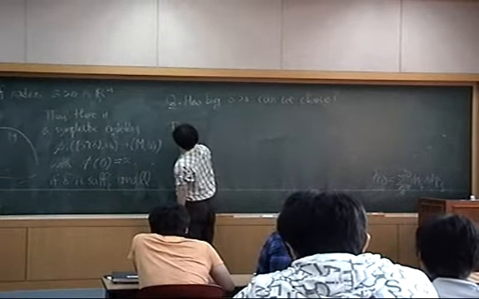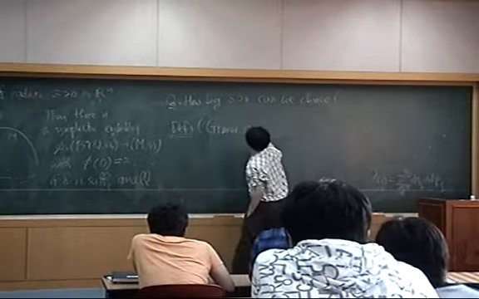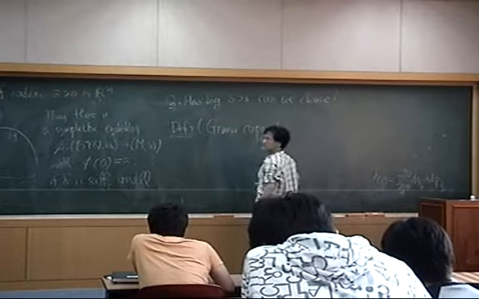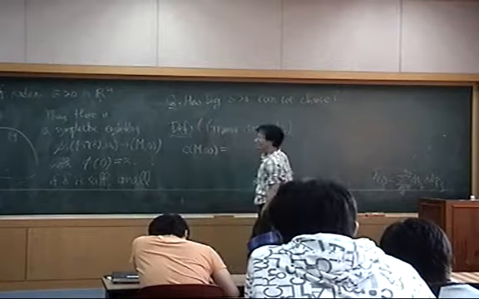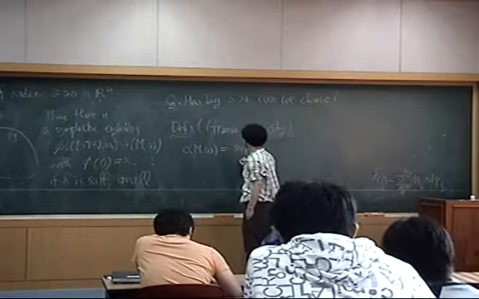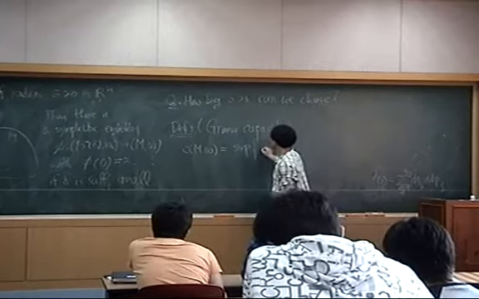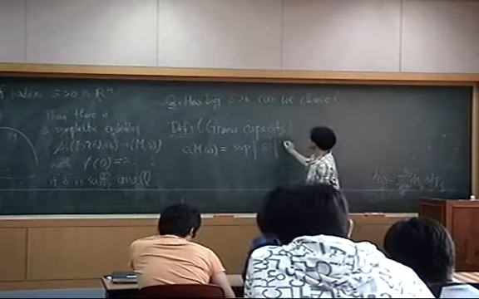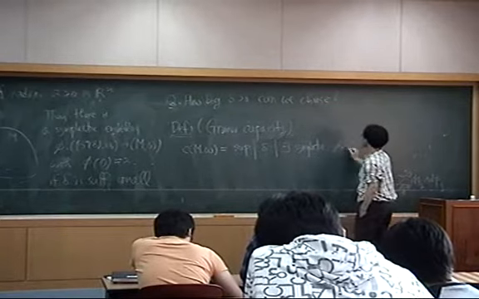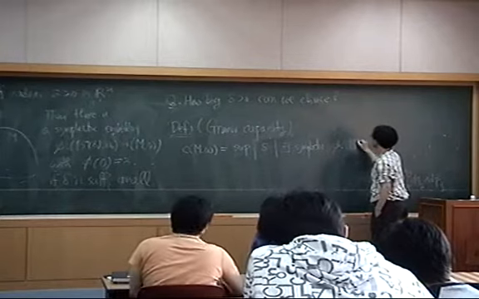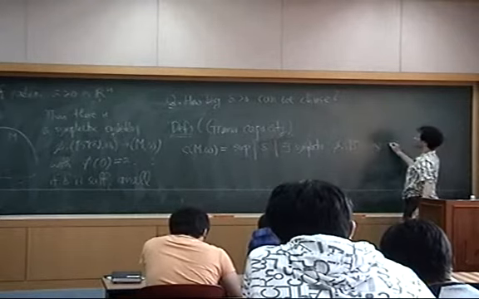We can define this, sometimes called the Gromov capacity, and let me denote it C(M, omega), as the supremum of delta such that there exists a symplectic embedding phi from (B^{2n}_delta, omega0) into (M, omega).